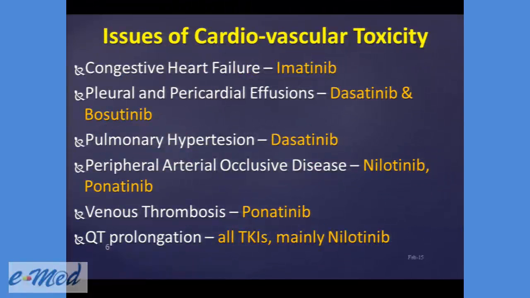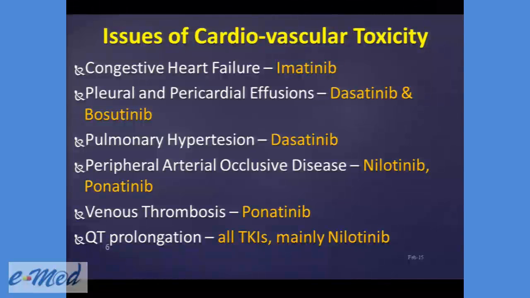This slide summarizes the main issues related to the cardiovascular toxicity of the TKIs used for CML, which will be discussed in the next 15 minutes. Imatinib is associated with congestive heart failure, although this is still controversial, as you will see later. Pleural and pericardial effusions are associated with dasatinib and bosutinib, and pulmonary hypertension was reported in several patients treated with dasatinib.